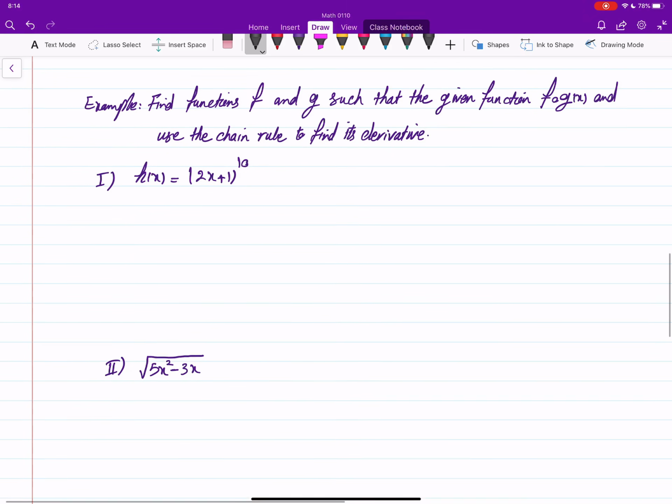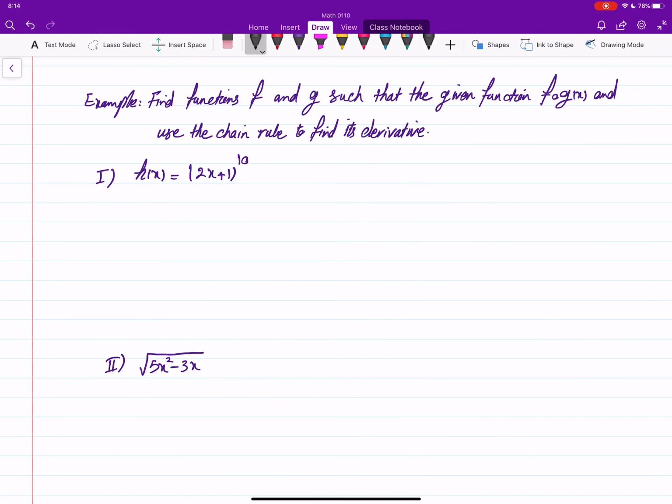Okay, I have more examples. Let's go back to the example we started with. How is this going to help us to differentiate (2x plus 1) to the power 10? Well, I see (2x plus 1) to the power 10 as a composition of two functions.